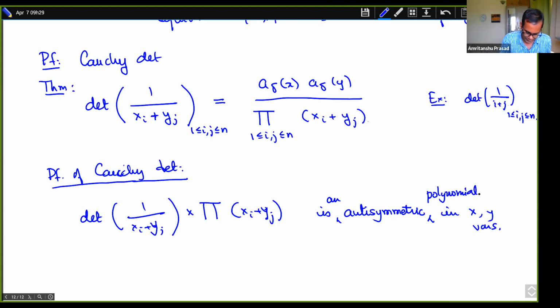And what is the degree then? This thing has degree, I guess, n squared, and this thing has degree, so to speak, minus n. So it's antisymmetric and it's a polynomial and it's of degree n squared minus n.